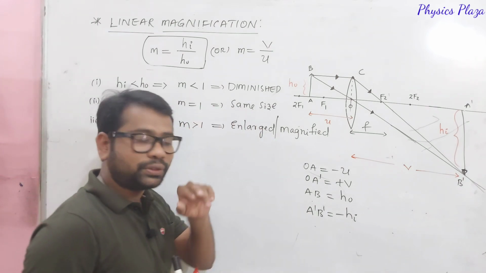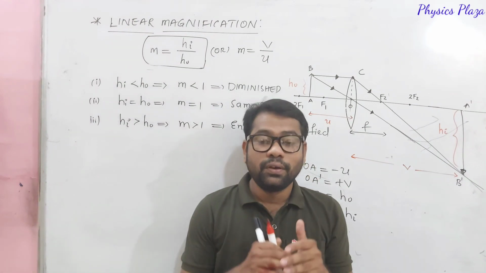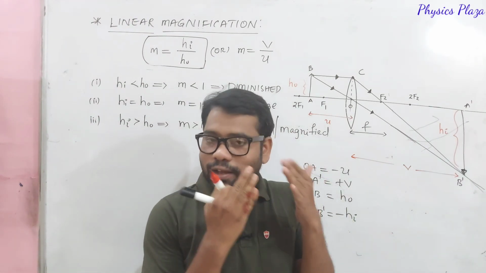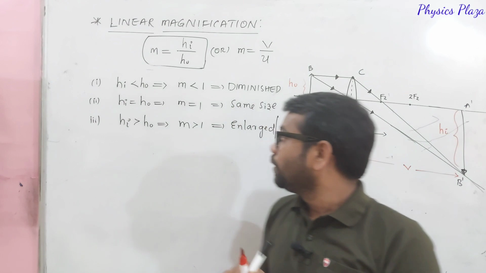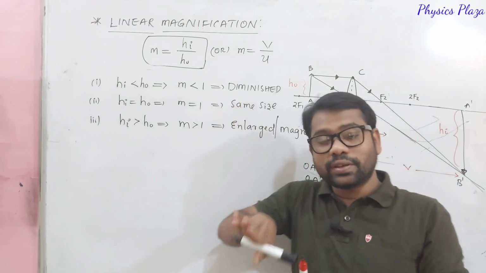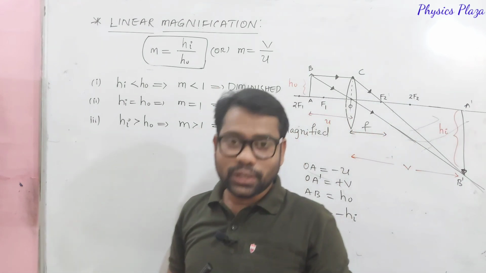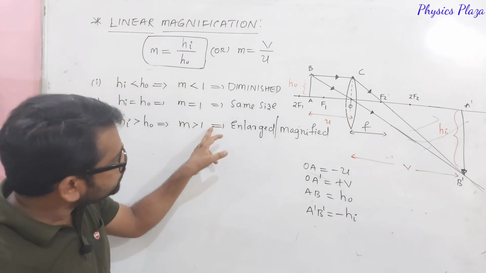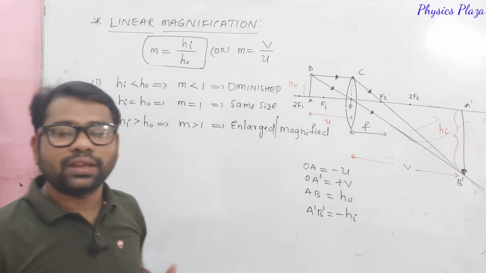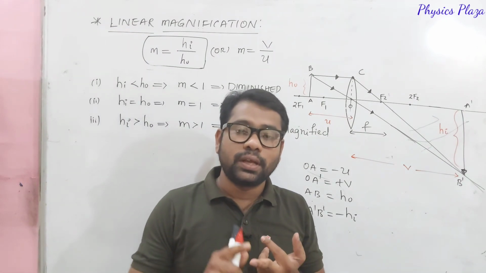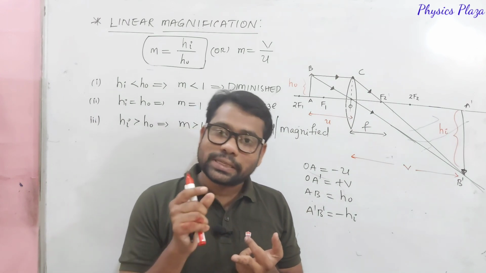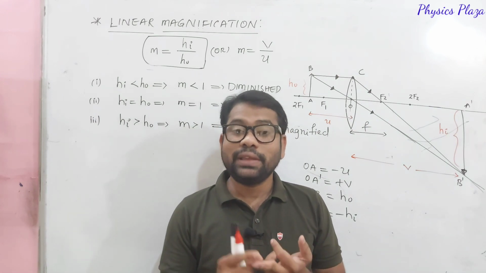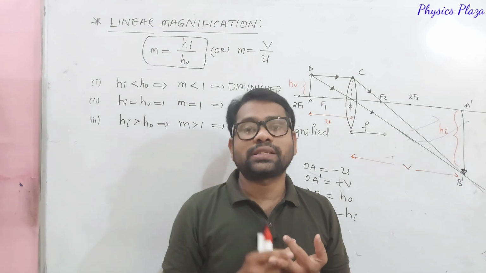Now children, just think, you can take either a convex lens or a concave lens. Are these values possible for a convex lens or a concave lens? These three values are possible with a convex lens. Why? A convex lens forms a diminished image, same size as the object, and even an enlarged image also.